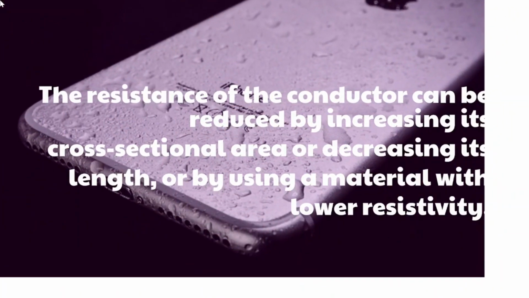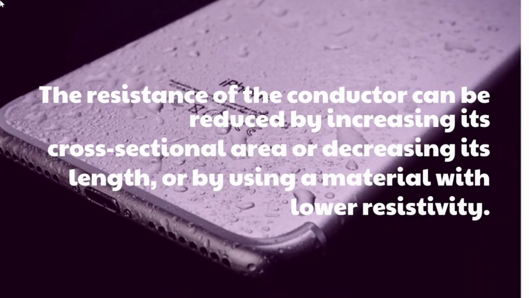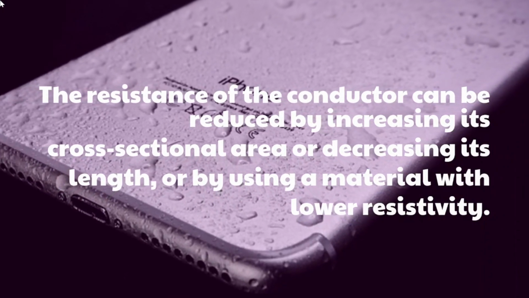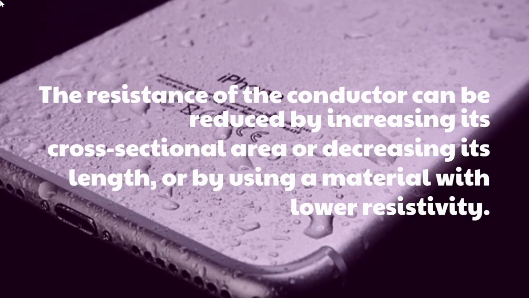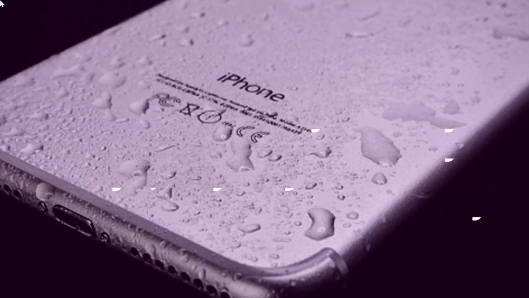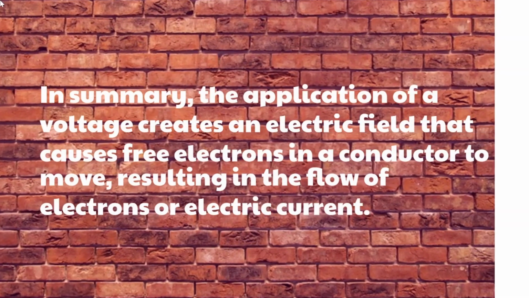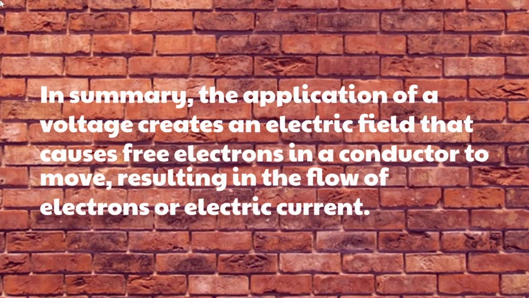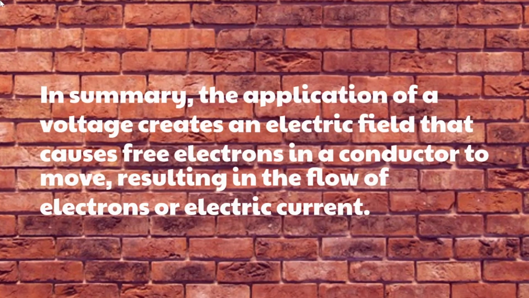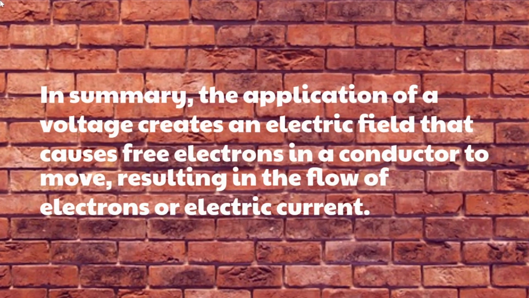The resistance of the conductor can be reduced by increasing its cross-sectional area or decreasing its length, or by using a material with lower resistivity. In summary, the application of a voltage creates an electric field that causes free electrons in a conductor to move, resulting in the flow of electrons or electric current.